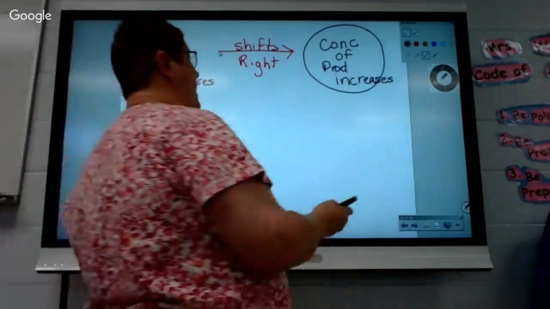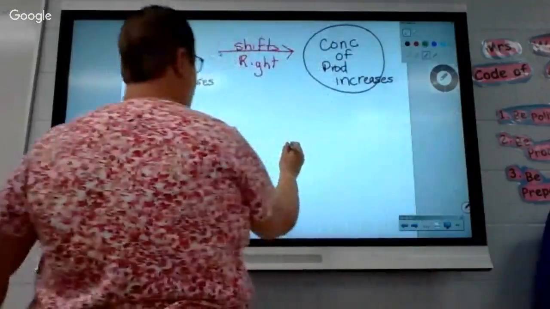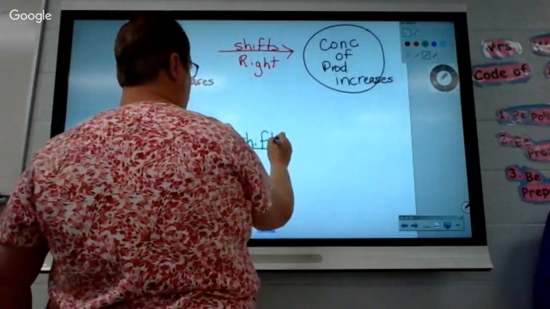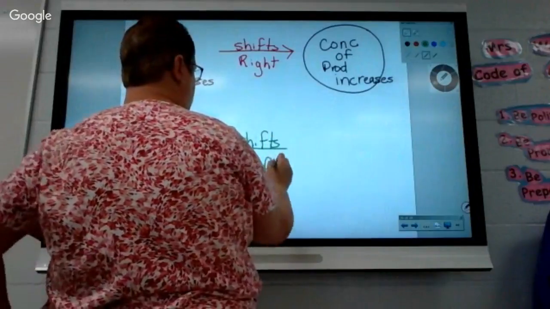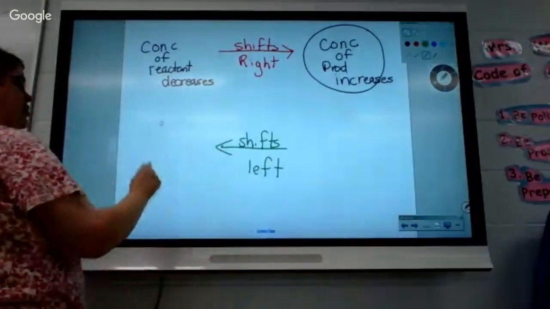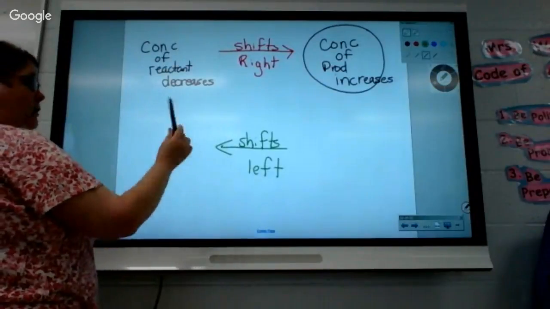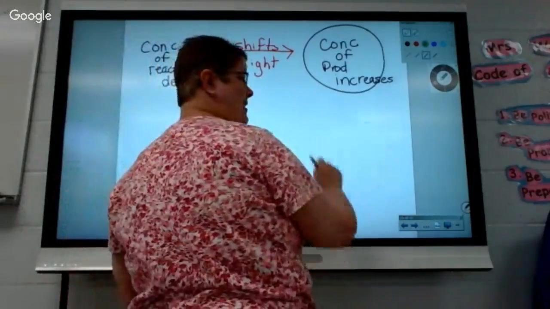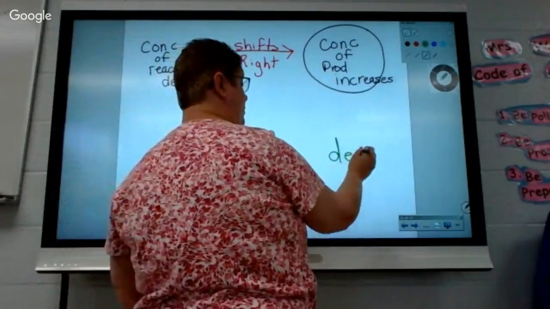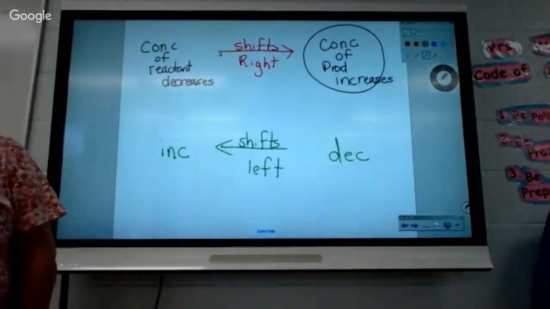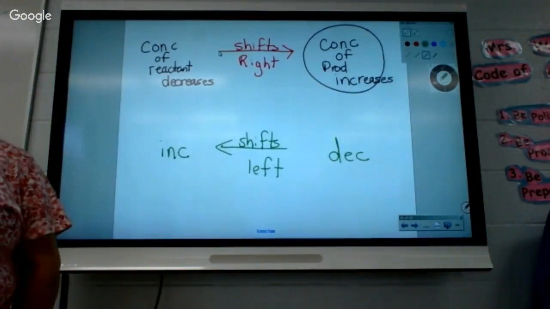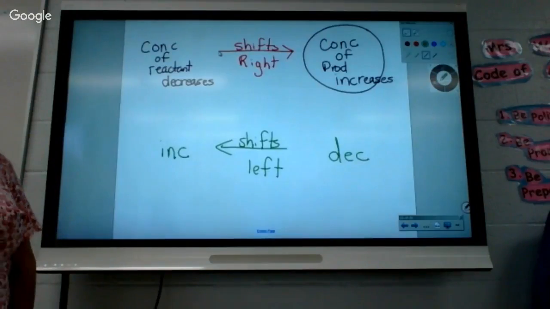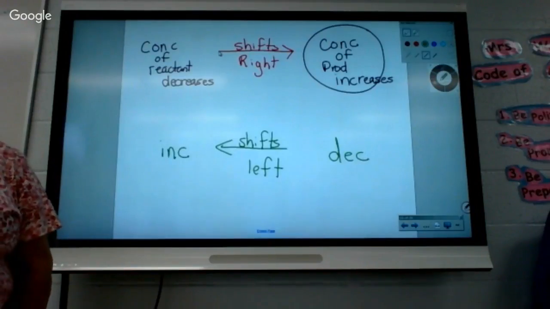So, the flip side of that is, if you say that it shifts left, what does that mean is going to happen on this side? It's going to increase. And what's going to happen on this side? It's going to decrease. Now, that doesn't change for temperature, pressure, or concentration. That's true for everything we're doing today. I'm going to constantly flip back and forth to this slide.